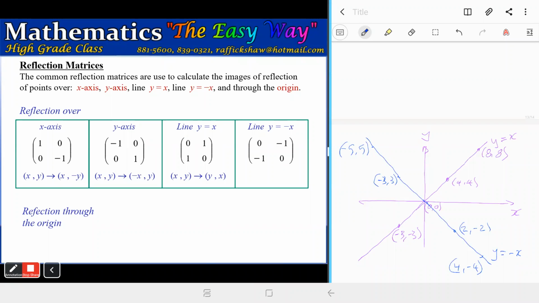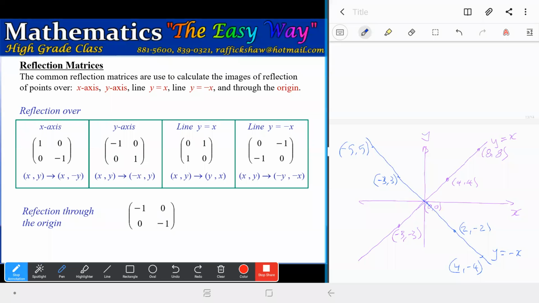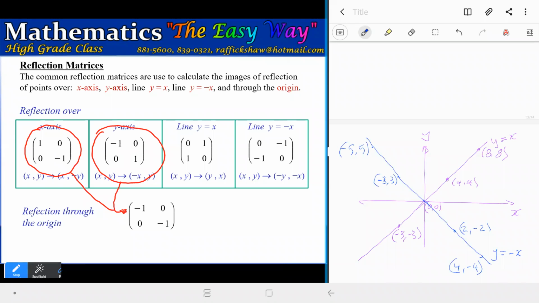There's also reflecting through the origin. Now, the reflection through the origin, I look at it as a combination of these two in one. Because we're going to learn later on that two reflections, over the y-axis and the x-axis, is equivalent to a reflection through the origin, or equivalent to a 180-degree rotation about the origin.